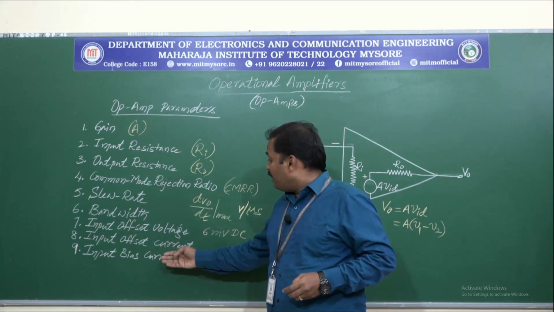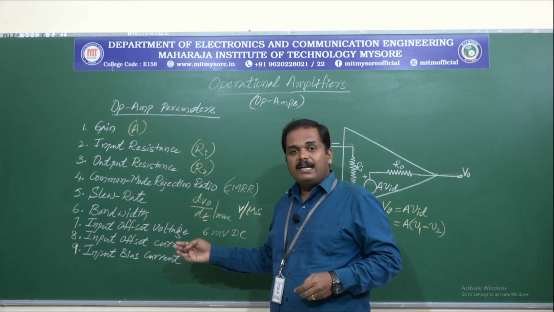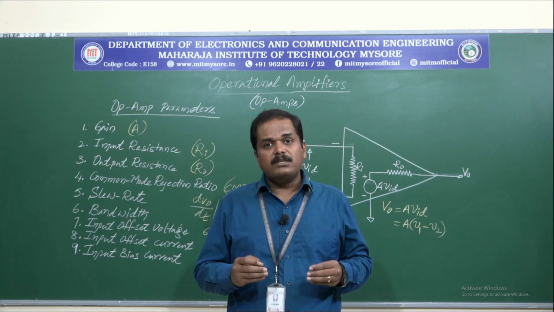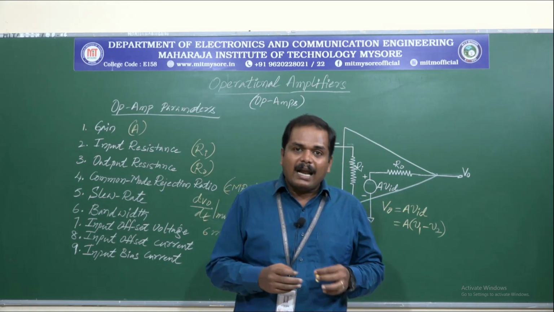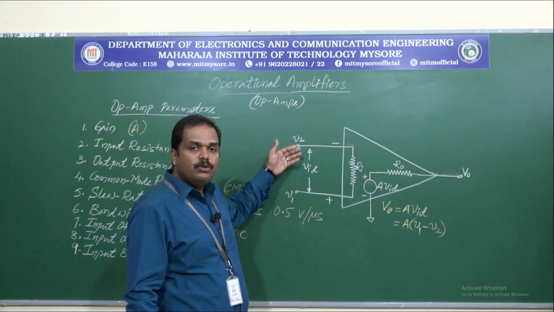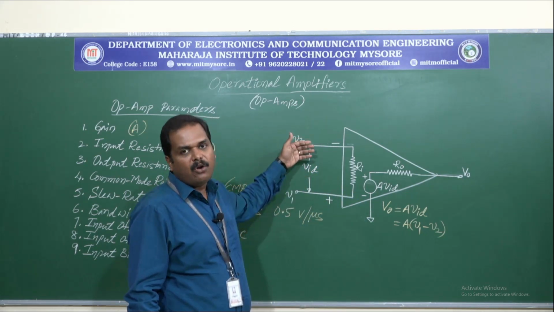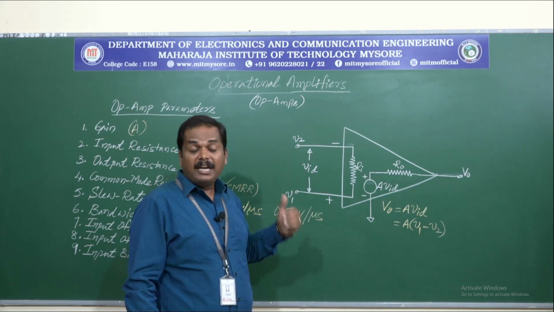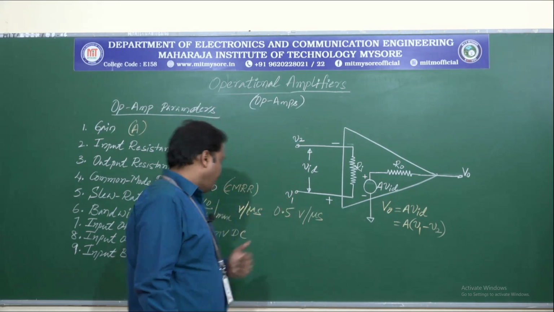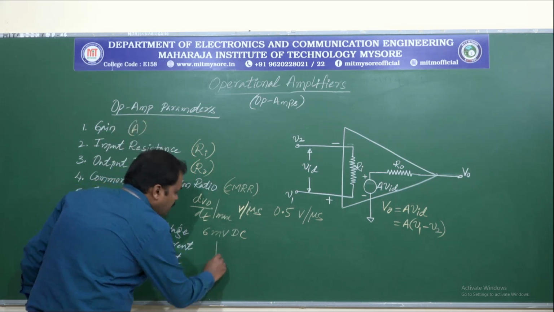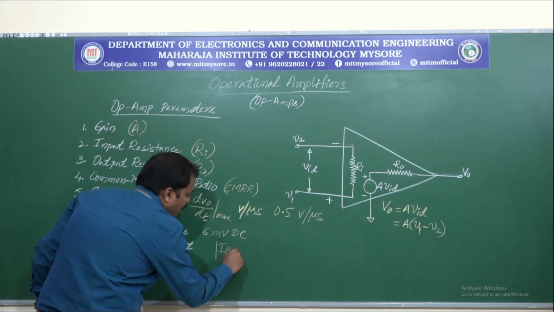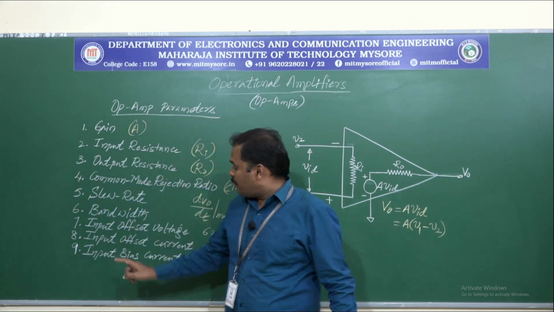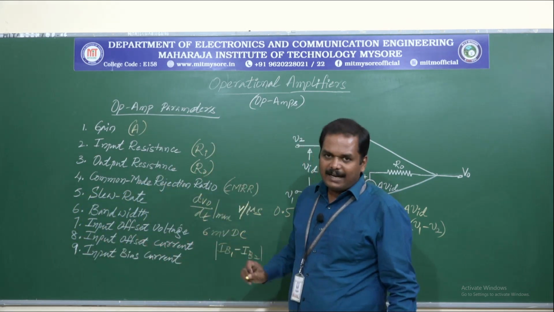And the next parameter is the input offset current, which is defined as the algebraic difference between the currents that are flowing into the inverting terminal and the non-inverting terminal. These currents are represented as IB1 and IB2, and we consider the algebraic difference of these two to represent the parameter input offset current.